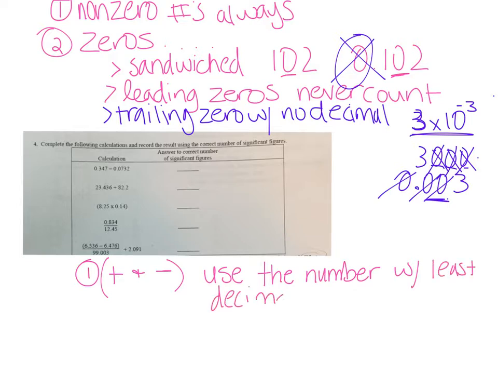And that goes back to what I just kind of explained, where if you add a beaker with a graduated cylinder, you can only be as accurate as that beaker, because that is the least accurate device out of those two. And so when you're adding and subtracting, you can't throw in that extra ones place. So you're going to use the least number of decimal places.